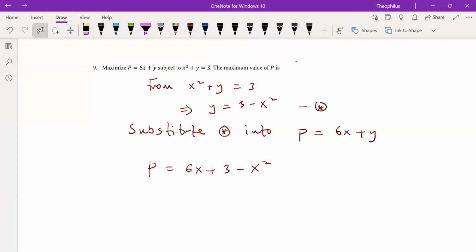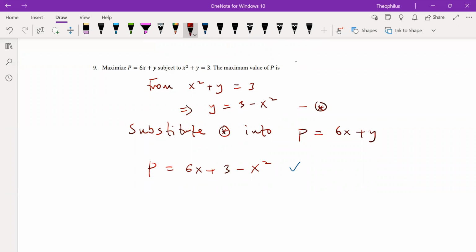Now we are going to work with this problem. The question is, how do we solve a maximization problem? So the first thing to do is to find the critical values. How do you find the critical values? To find the critical values, we find the derivatives and set it to 0.